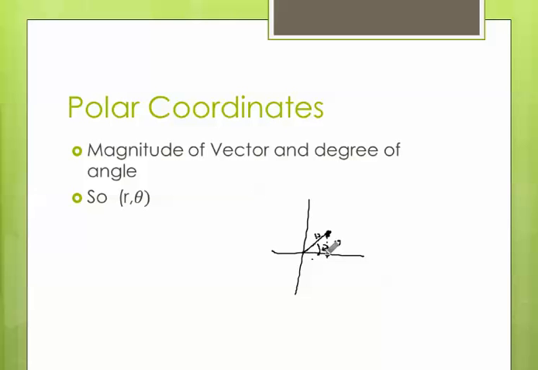So if I take the adjacent side times the cosine of the angle, cosine of theta is equal to the adjacent side, which is going to be the x value, divided by the hypotenuse there, or well, that's also the magnitude of the vector. And then I multiply this times the magnitude of the vector, I'm going to get what x is.